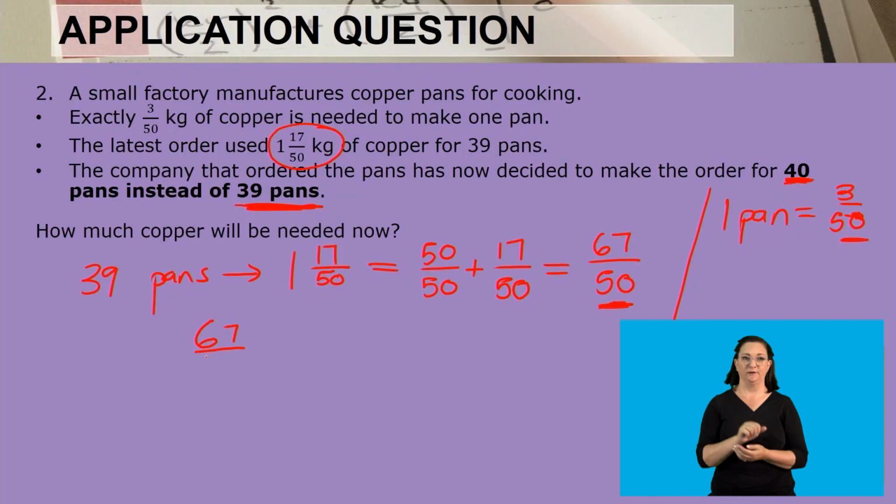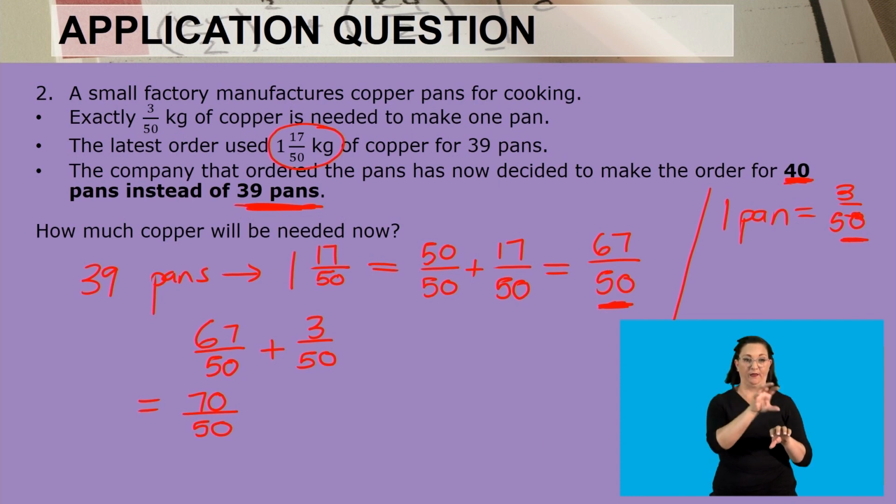If you are thinking of adding, then you are correct. What are we adding here? 67/50 plus just 1 more pan, which is 3/50. How much does that give us? That is 70/50 in total.